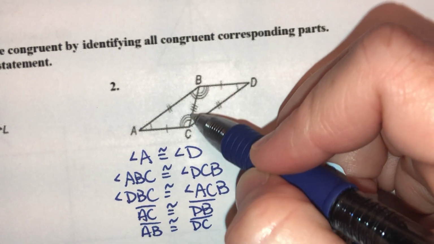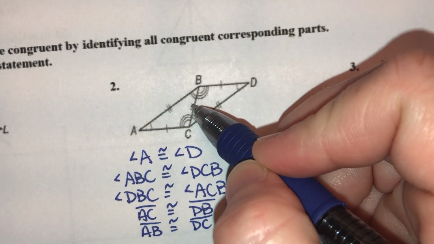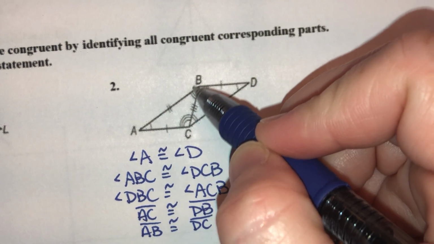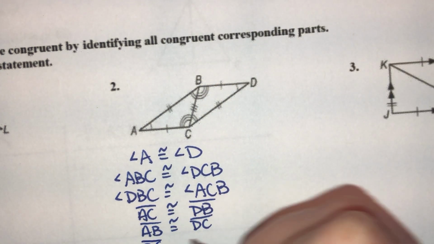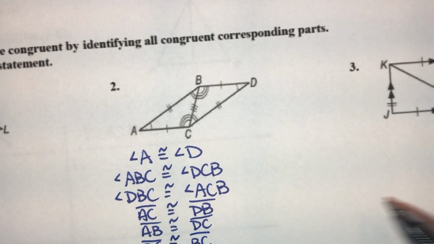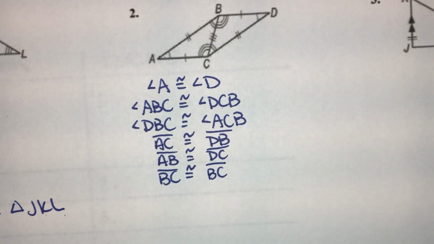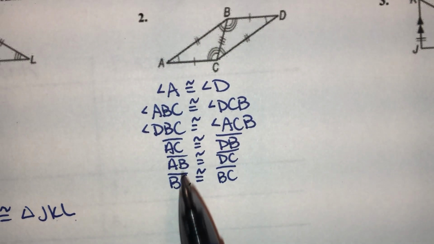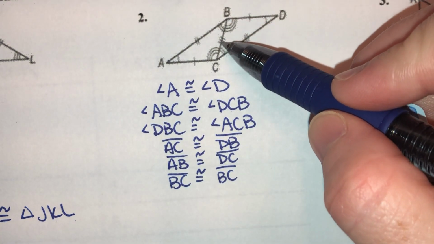And then lastly, I've got this side. Now, it's side BC, and it's used in this triangle, and it's used in this triangle. So I'm going to mention it when it's used in the left triangle, and it's the same size as when it's used in the right triangle. Oops, sorry, didn't realize you couldn't see that. My fault. So I've got my sides, AC and DB, my sides AB and DC, and then I just wrote this guy right here.